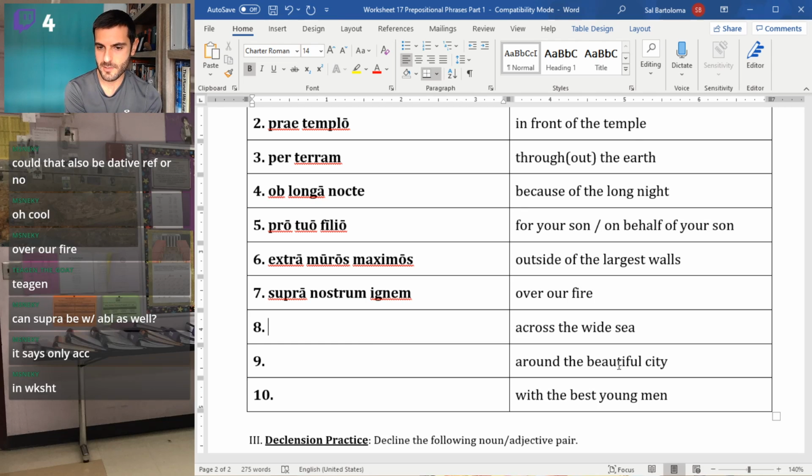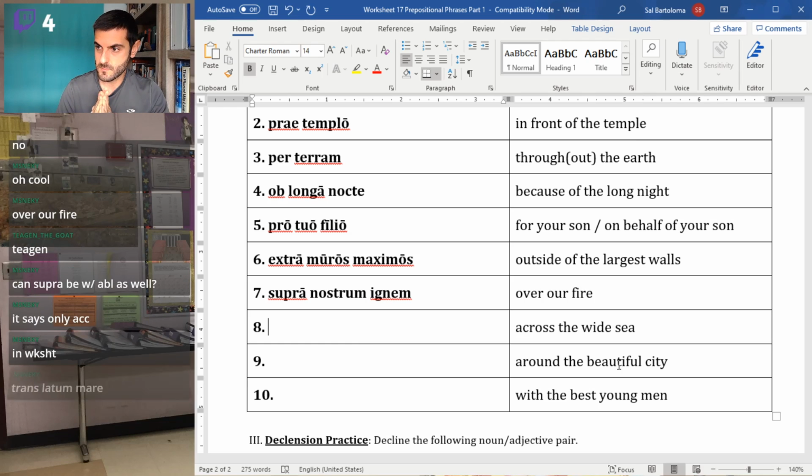How about across the wide sea? What would my preposition be? Across, right? Comes right into English. Trans, excellent. Now we need the accusative to go with trans.